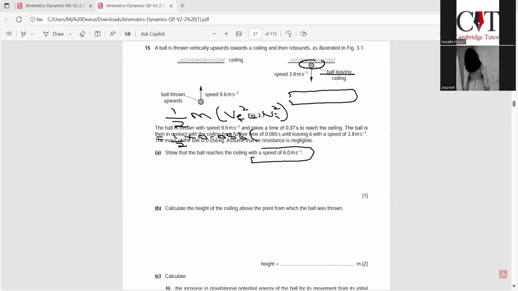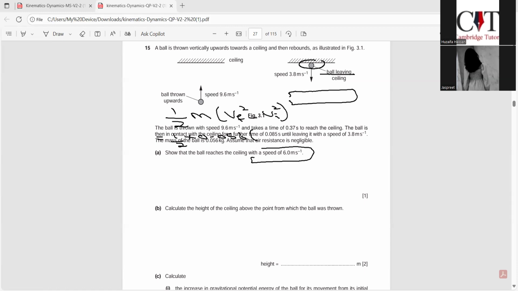Now tell me, what will be the final and initial velocity? First tell me what is the final velocity here? The final velocity is 3.8. Yes.